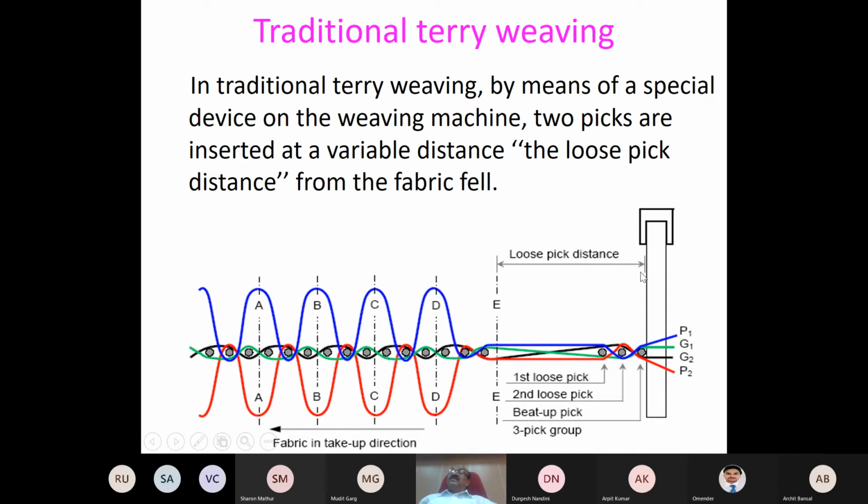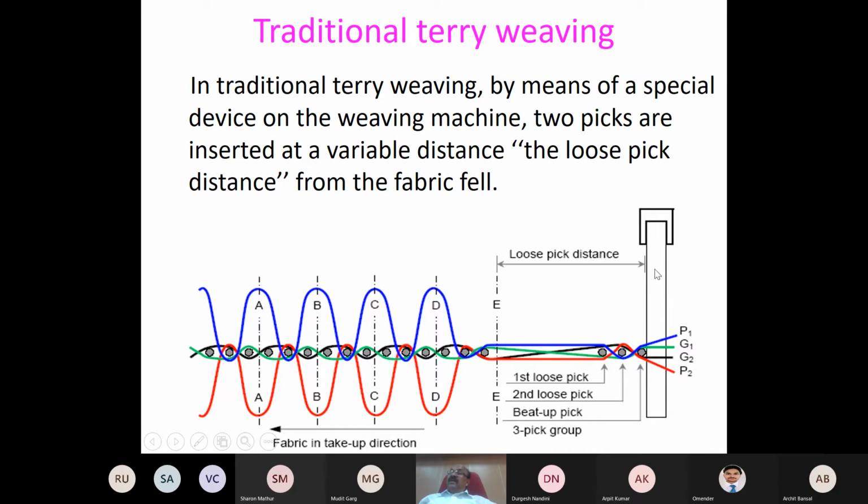This loose pick distance is responsible for making this loop. That means the size of the loop, the height of the loop, or the shape of the loop depends on this distance.